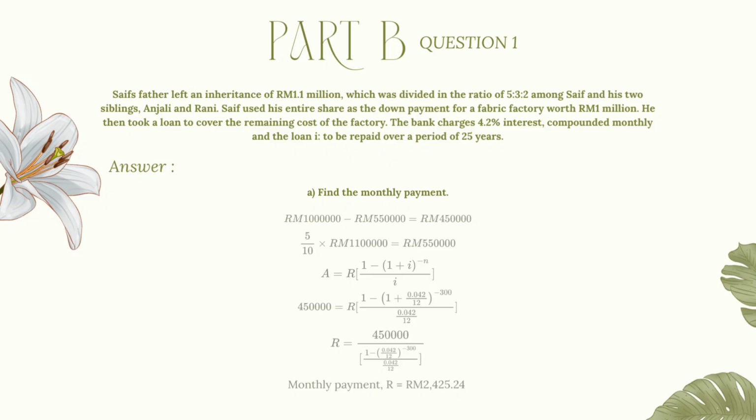R equals 450,000 divided by bracket 1 minus bracket 1 plus 0.042 divided by 12 power of negative 300, divided by 0.042 divided by 12 close bracket. So the monthly payment R equals 2,425 ringgit 24 cents.